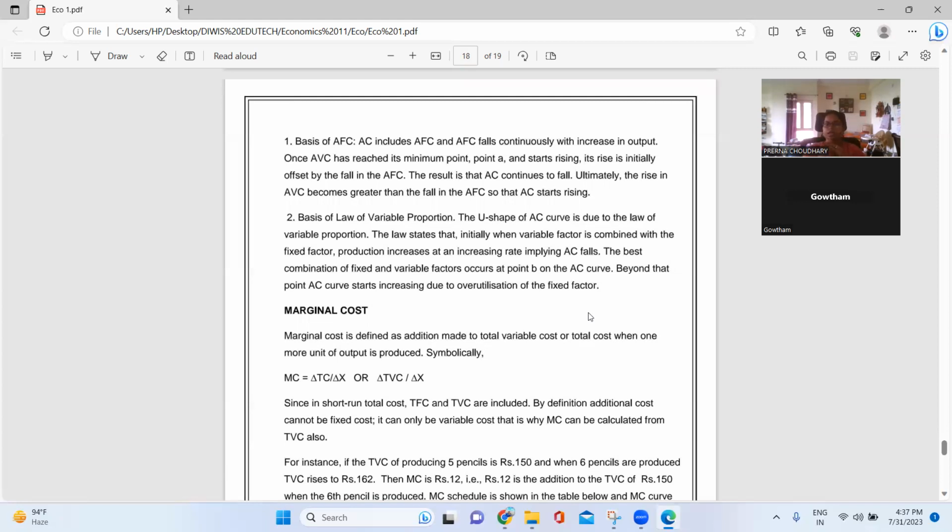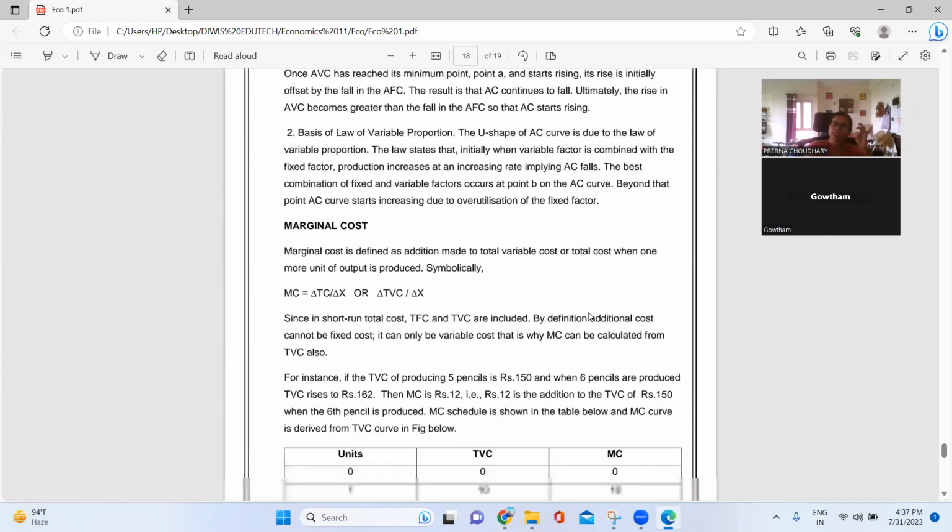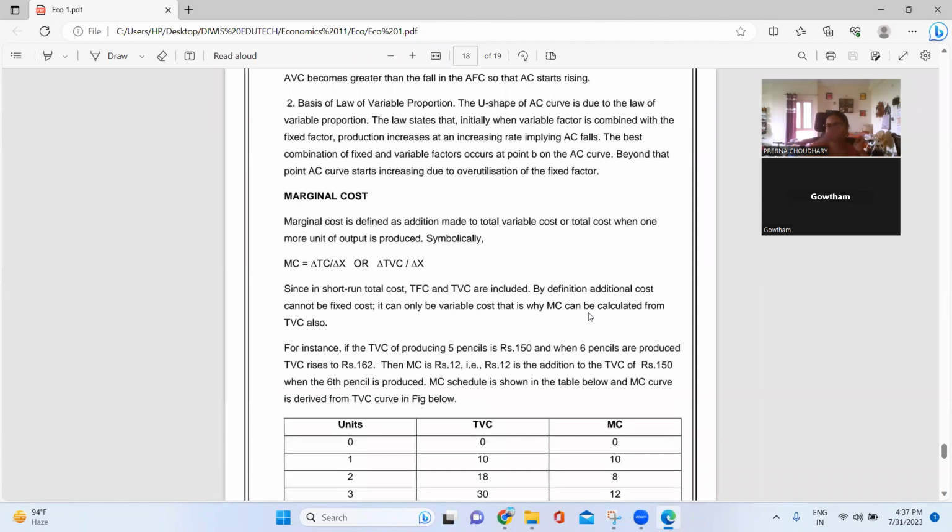Once AVC has reached its minimum point, point A, and starts rising, its rise is initially offset by the fall in AFC. The result is that AC continues to fall. Ultimately, the rise in AVC becomes greater than the fall in AFC, so that AC starts rising. They have just explained the curve, how these three will work.